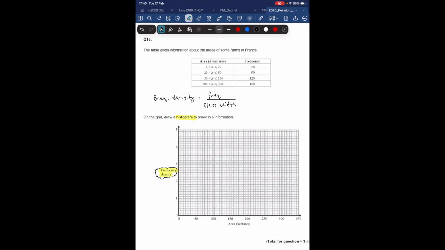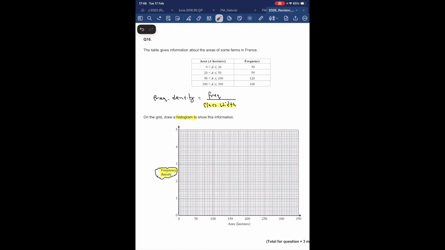Now, the frequency from the frequency table is very clear to identify. It's basically the second column that you have here. The class width, which appears in this formula, is the width of each class. So if you look at your frequency table, these are the classes 0 to 20, 20 to 50, 50 to 100, 100 to 300.